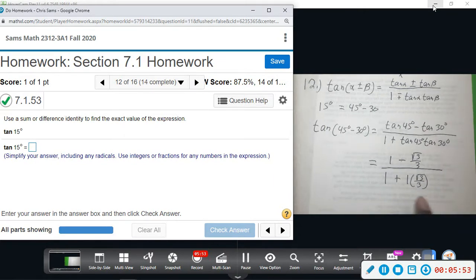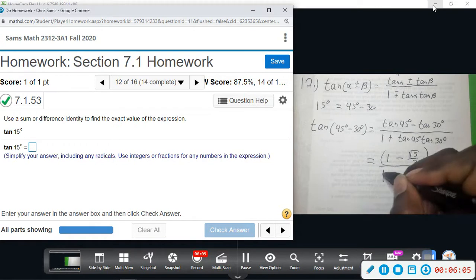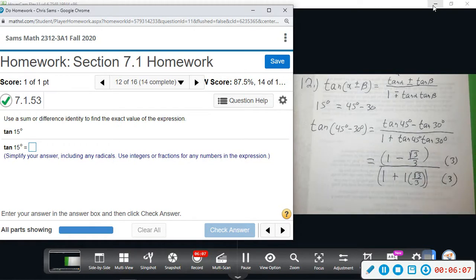And we can get rid of the fraction by multiplying top and bottom through by 3. We're going to have to actually distribute that 3. Doing so will give me 3 minus square root of 3 on top, and distributing through the bottom will give me 3 plus square root of 3.